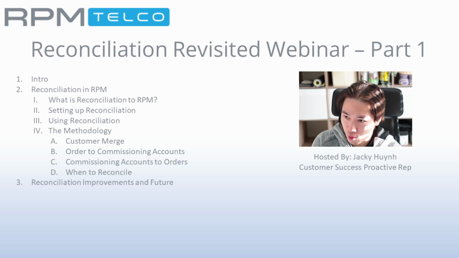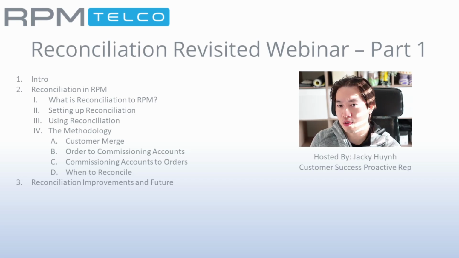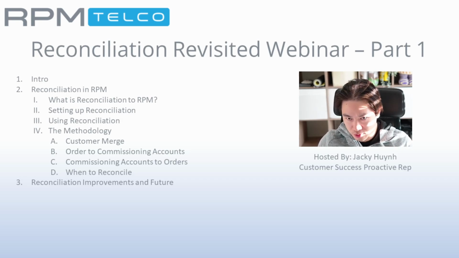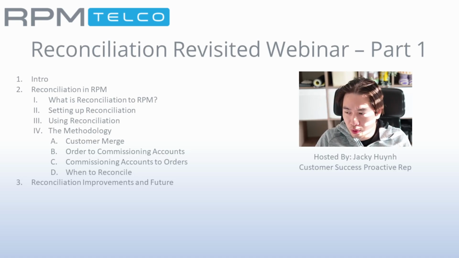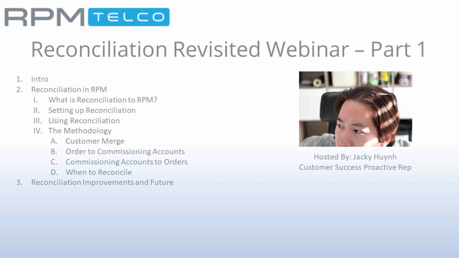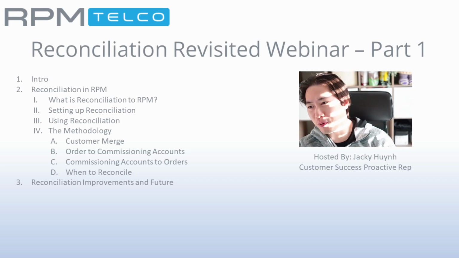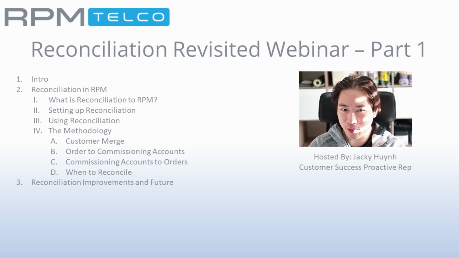There's a view in orders that you can create that'll be helpful in determining, hey, which orders of mine need to still be matched to commissioning accounts, and tackle it from a, hey, these are my orders, what are their commissioning accounts perspective. And then this goes hand in hand with the next methodology, commissioning accounts to orders. So maybe we'll talk about both of them in this one cut here, or maybe we won't, but let's see what we get to.